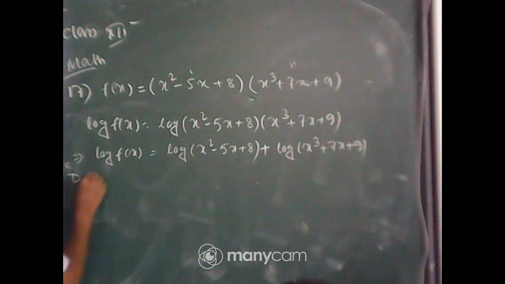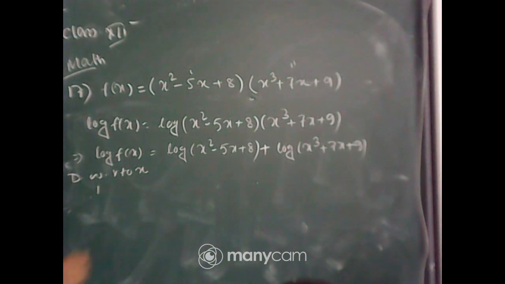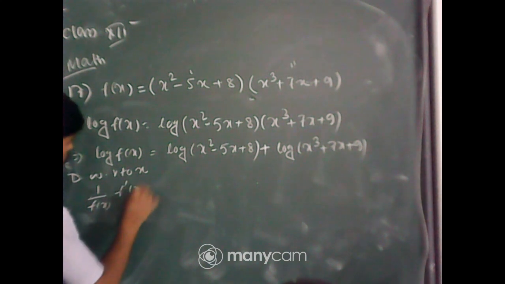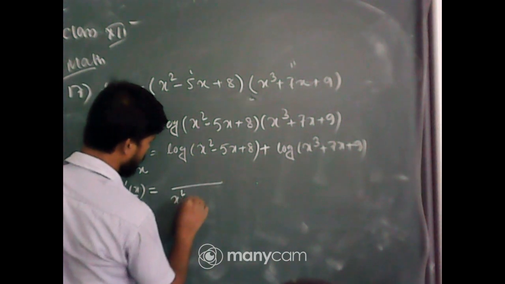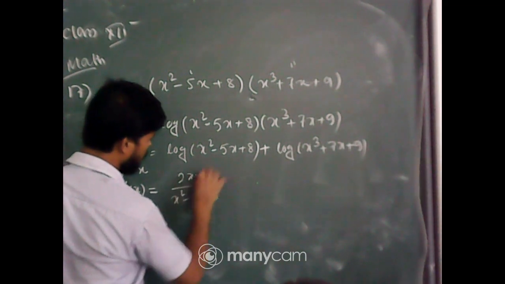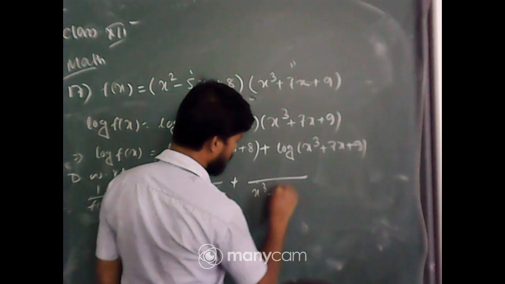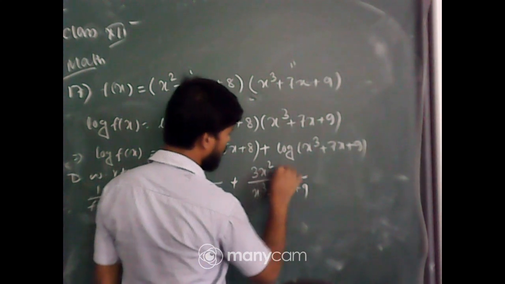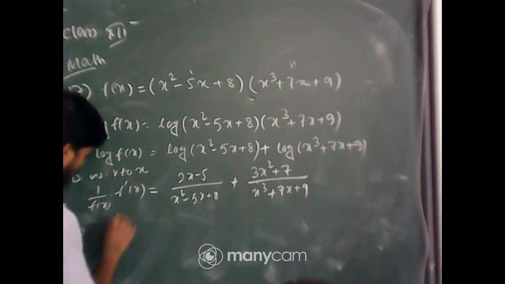So differentiating with respect to x, the differentiation of log f of x is 1 by f of x into f dash x, that is equal to 1 by x square minus 5x plus 8 into 2x minus 5, plus x cube plus 7x plus 9 by 3x square plus 7. From here calculate f dash x.